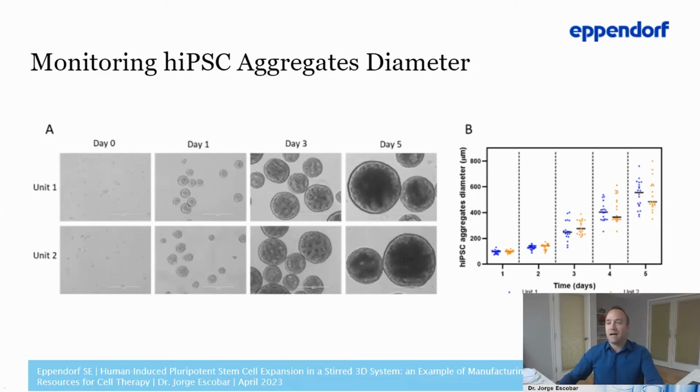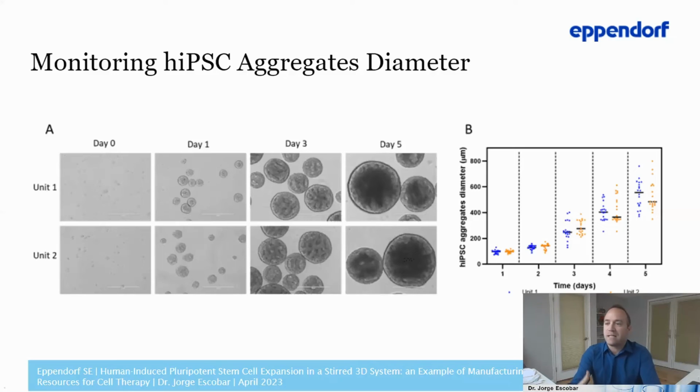How did we do that? We collected samples using a lab container bag with a line set, which Thermo Fisher provided. We welded the bag to one of our liquid addition ports without interrupting the gassing and the stirring. By doing that, we were able to collect our samples daily.